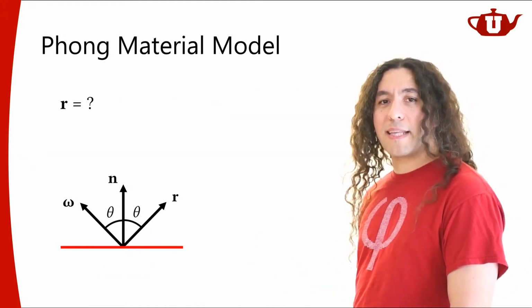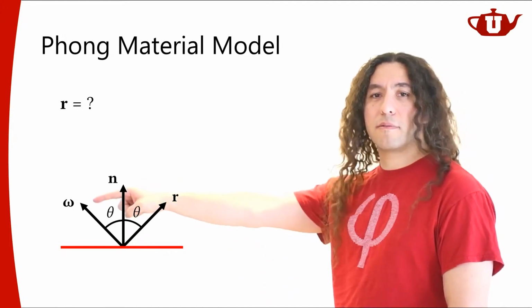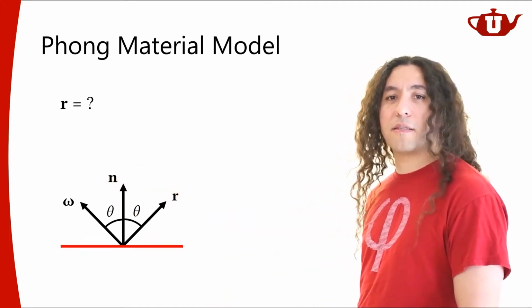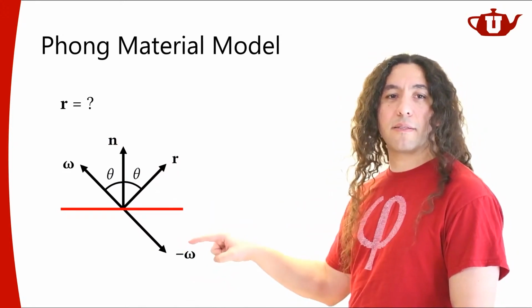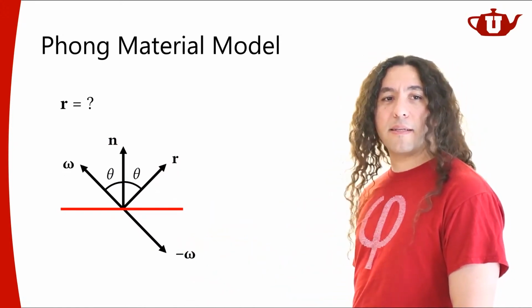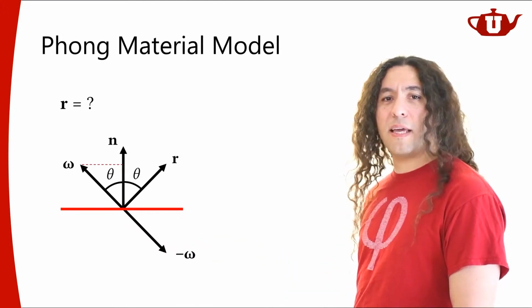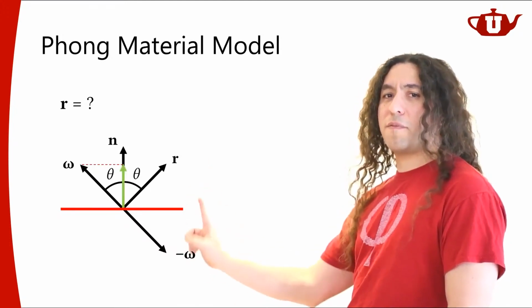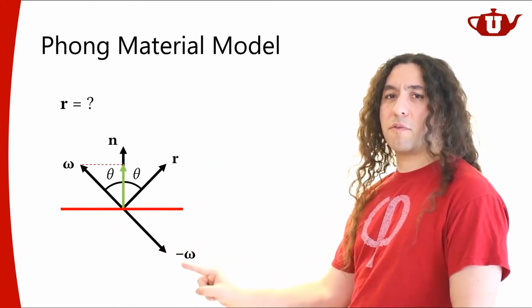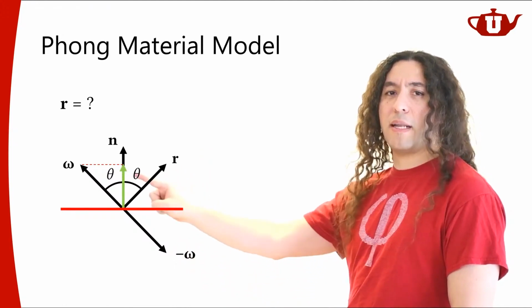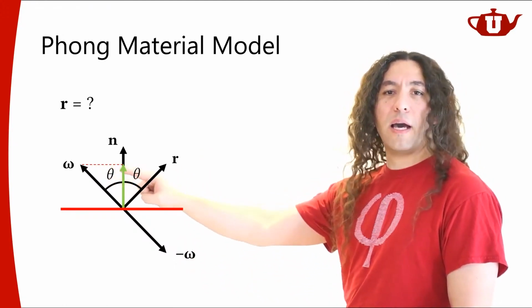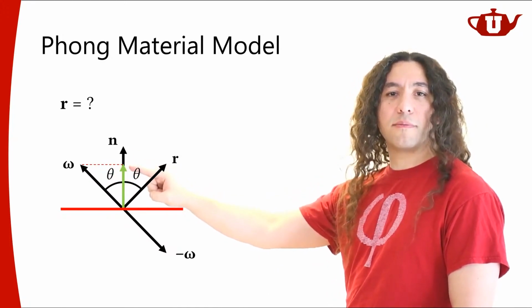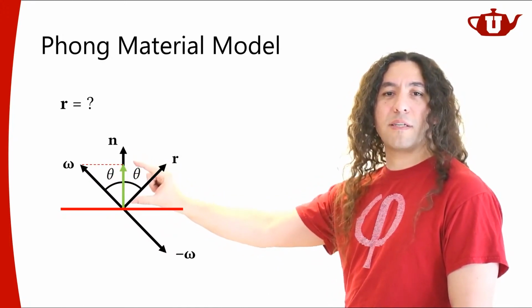I can start with taking that light direction, omega, and just inverting it. If I invert it, it's going to be this vector over here. And then I'm going to go in the surface normal direction from here to there, and for that I will use the projection of omega on the surface normal. What is the length of this?